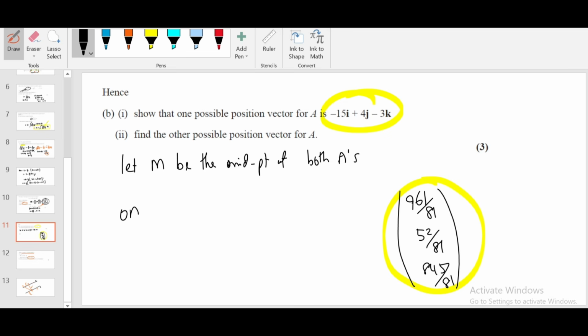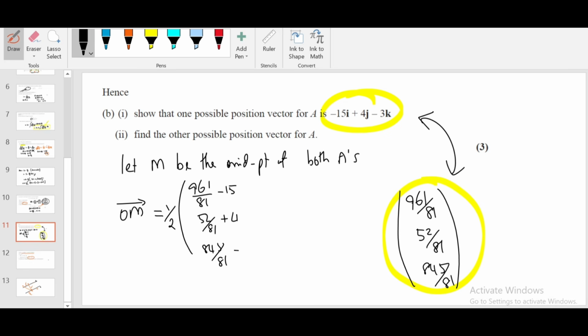So OM vector is equal to, you need to add these two and divide by 2. So it's going to be 961 over 81 minus 15, 52 over 81 plus 4, 845 over 81 minus 3, all divided by 2.